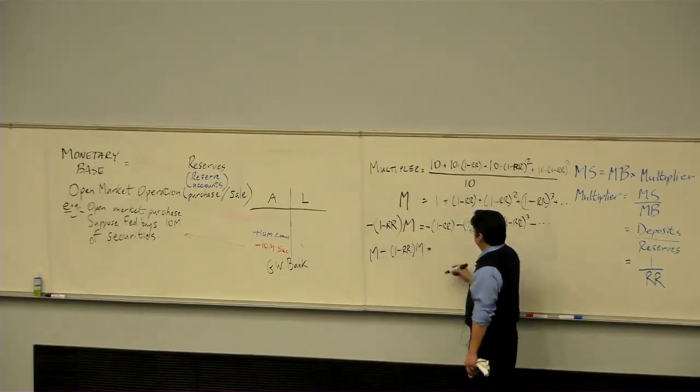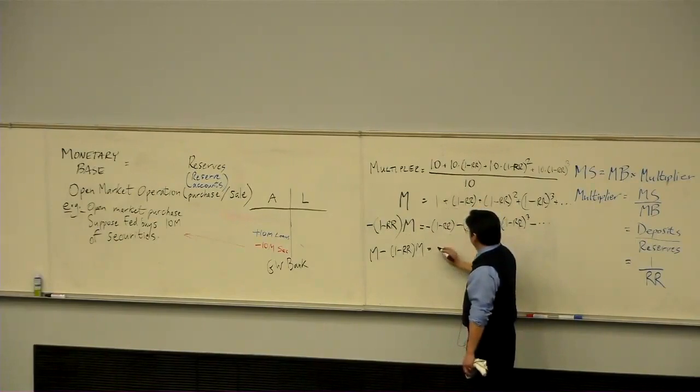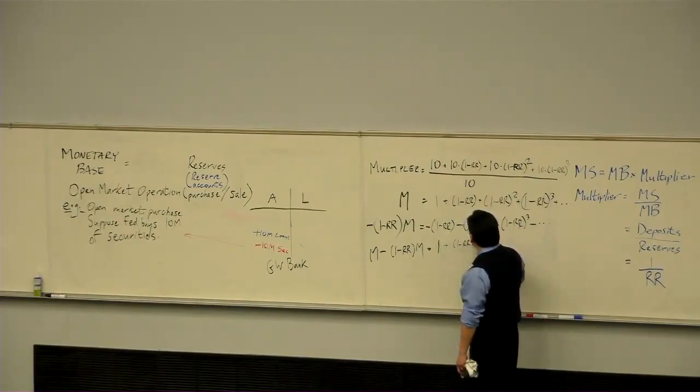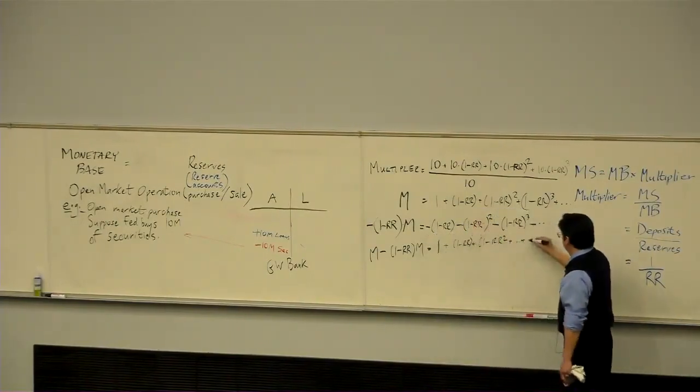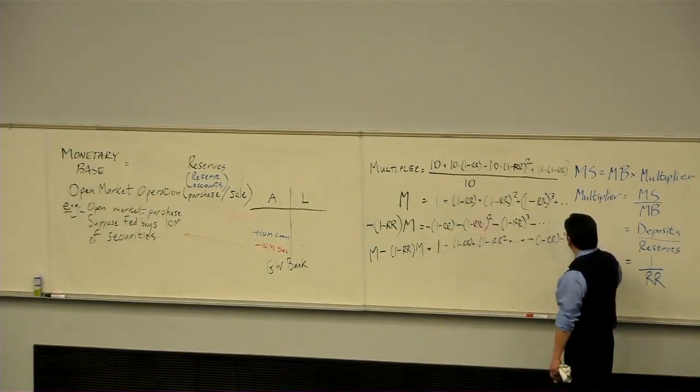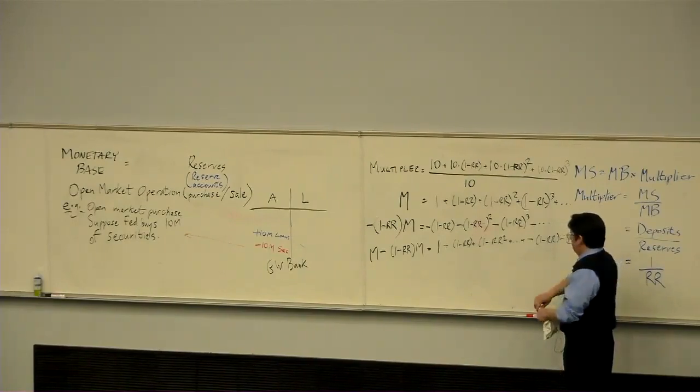What do we get? Well, 1 plus 1 minus the reserve ratio plus 1 minus the reserve ratio squared, and so on, all the way to infinity. And now let's add these terms. Minus 1 minus the reserve ratio, minus 1 minus the reserve ratio all squared, minus, and so on to infinity.